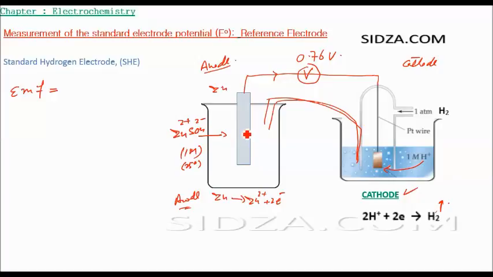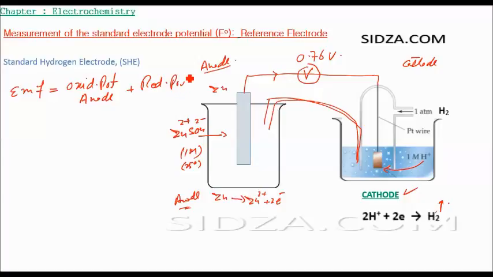It is equal to the oxidation potential of the anode. Here the anode is the zinc, so it is the oxidation potential of the anode plus the reduction potential of the cathode.